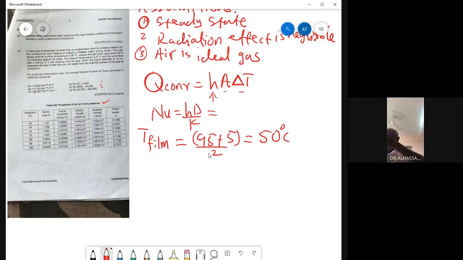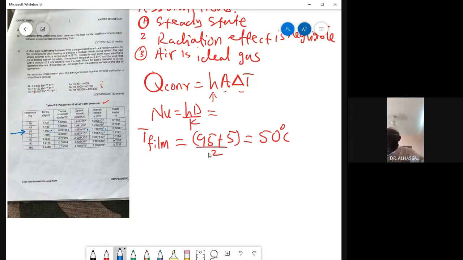So the properties of the fluid are at 50 degrees Celsius. At 50 degrees Celsius, the density, thermal conductivity, dynamic viscosity, kinematic viscosity and Prandtl number are all given over here. So we are going to focus our attention on these particular properties of the fluid.